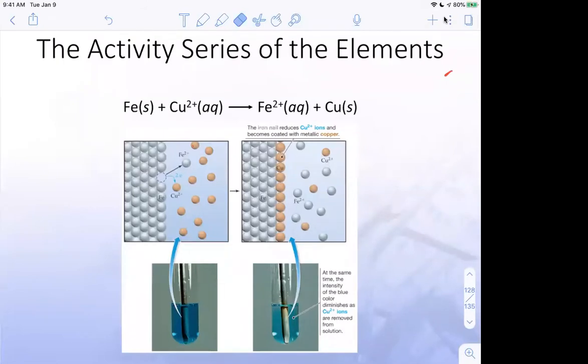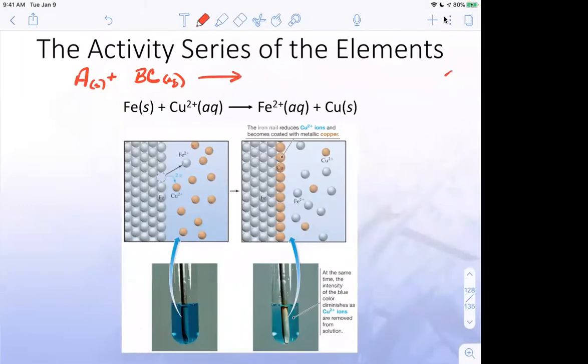What we do here is we look at basically single replacement or single displacement reactions. If I have some element A reacting with some element, so this is usually some solid element, and this is reacting with some ionic solution.